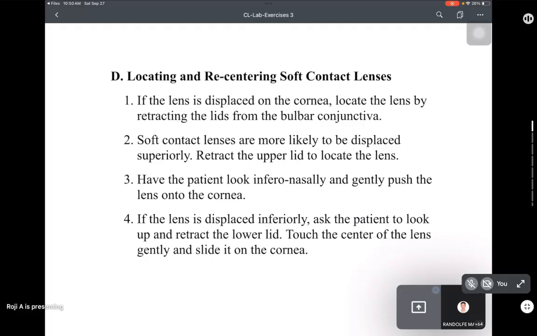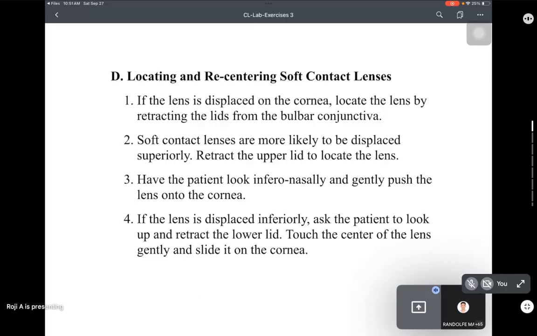Okay. So all you gotta do for soft, which is a lot easier because the diameter is a lot bigger, is almost the same thing, but you can see it right away if it's displaced. All you gotta do is drag it. So heads up, the only thing that you can drag is soft contact lens. RGP, you cannot drag. You cannot put it through via the sclera. So you have to really place it onto the cornea right away because you cannot drag it.